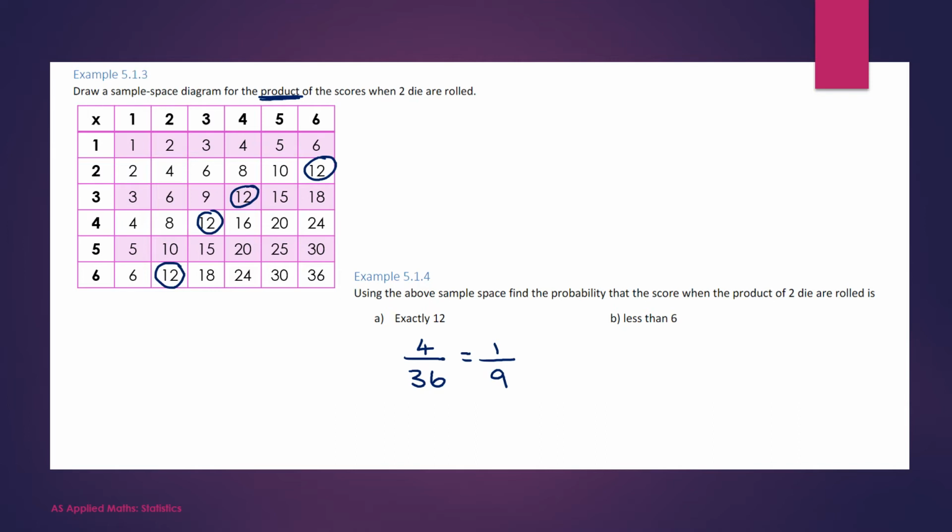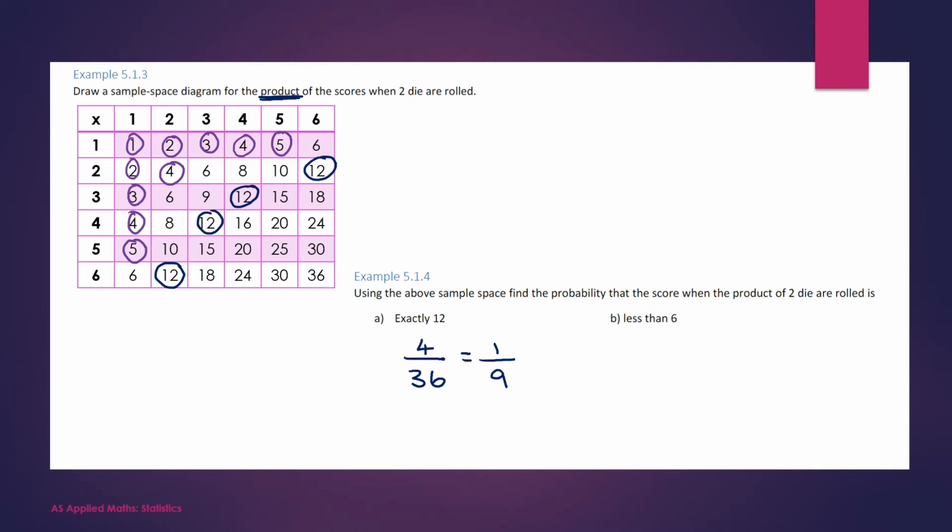If we were looking at the probability of getting less than 6, we are going to ignore that 6 there, but we've got 1, 2, 3, 4, 5, 6, 7, 8, 9, 10.